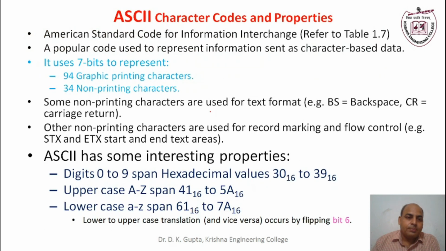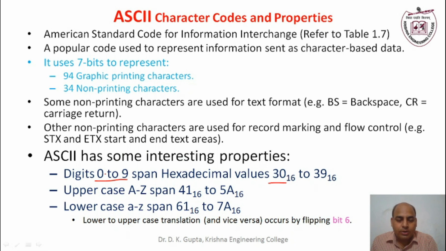So how can we obtain the ASCII code for the equivalent digit? The simplest form is for 0 to 9. For 0 to 9, we simply have to add 30H. So the ASCII code for digit 0 is 30H.